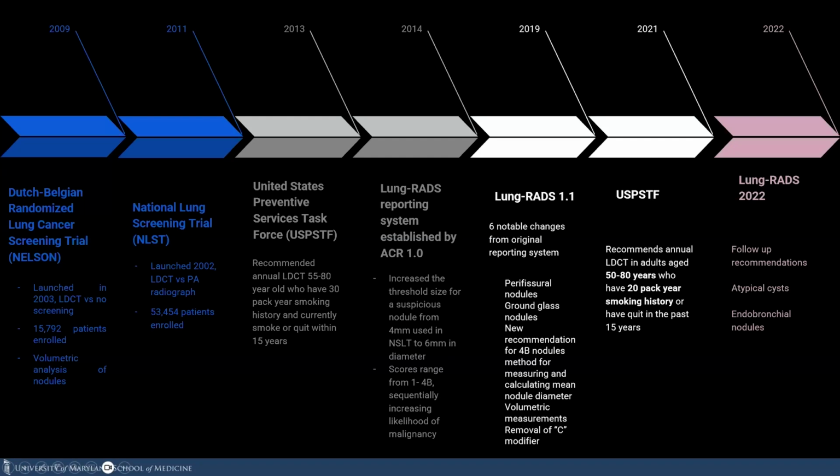So the NLST was a very large trial. About 53,454 patients were included in this trial. And the rate of death from lung cancer was reduced by 20% in those patients that underwent low-dose chest CT versus those that had chest x-rays for detecting suspicious nodules.